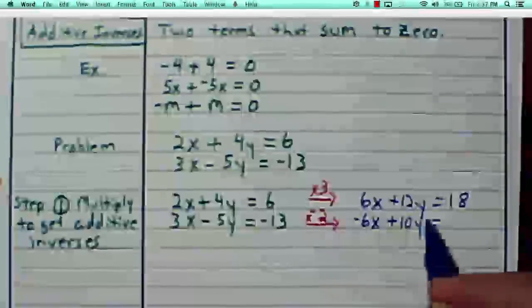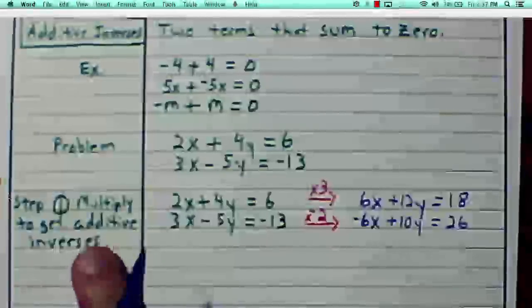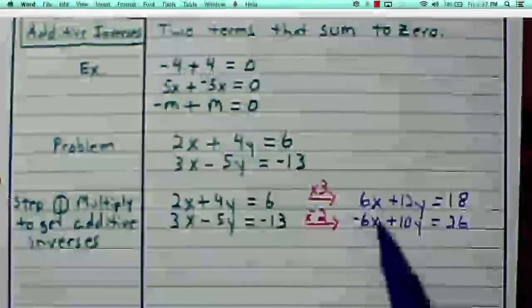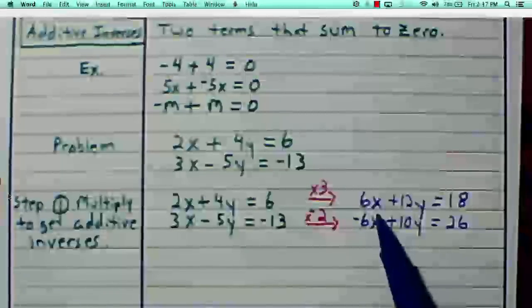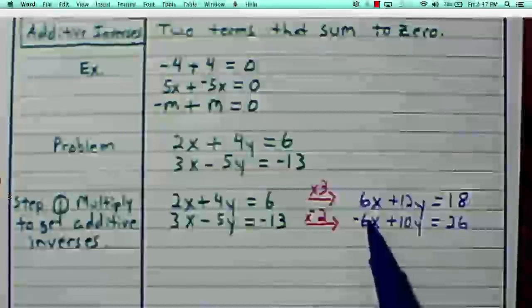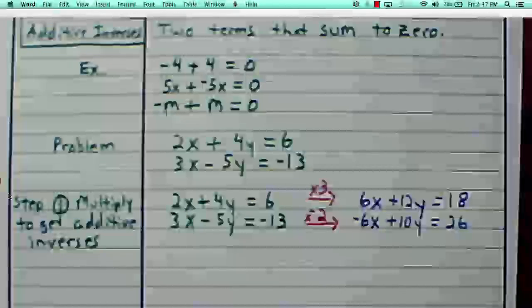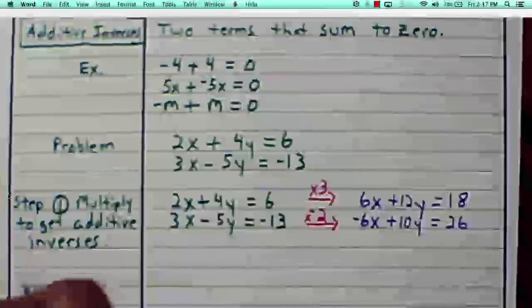And -13 times -2 is a positive 26. So that's step 1. Multiply to get additive inverses. You see now we have our additive inverses. So when I go adding, which will be the next step, 6x and -6x, they will add to 0, thus eliminating my x variable.